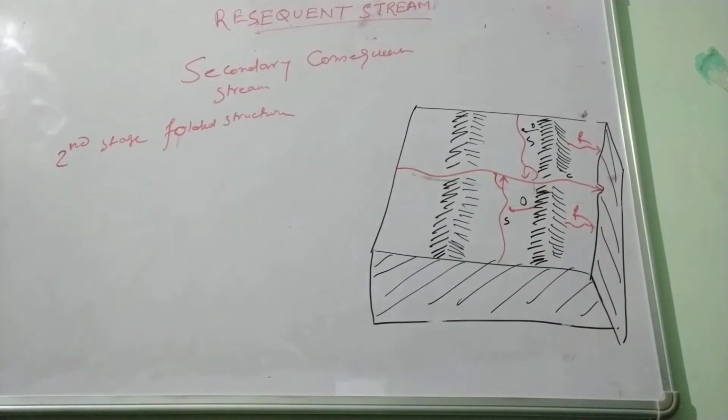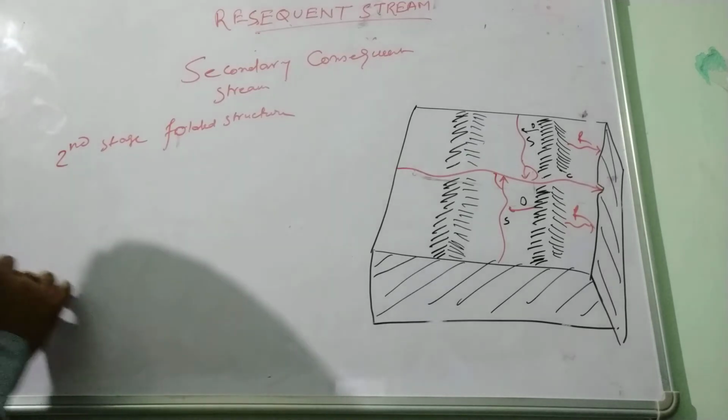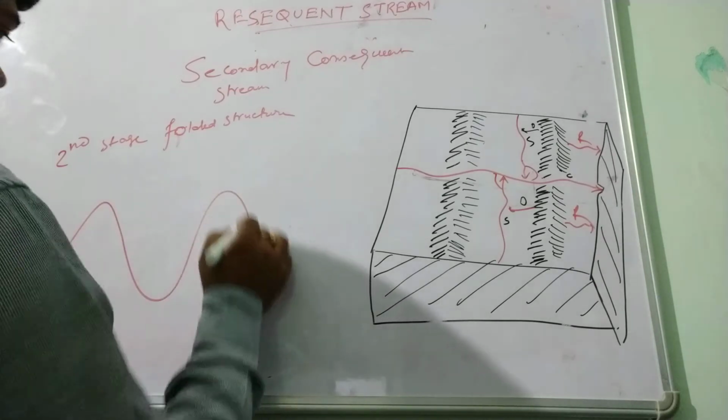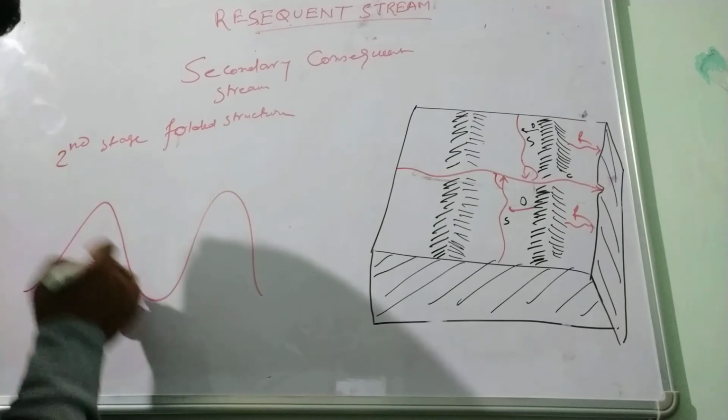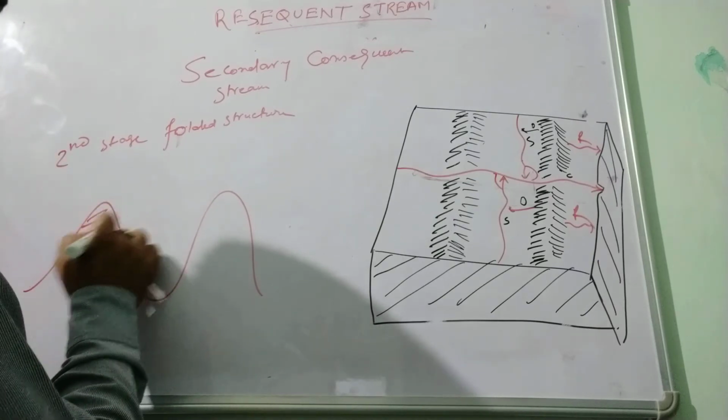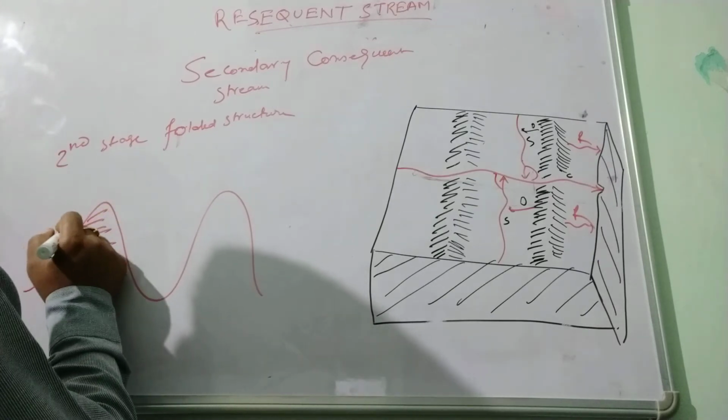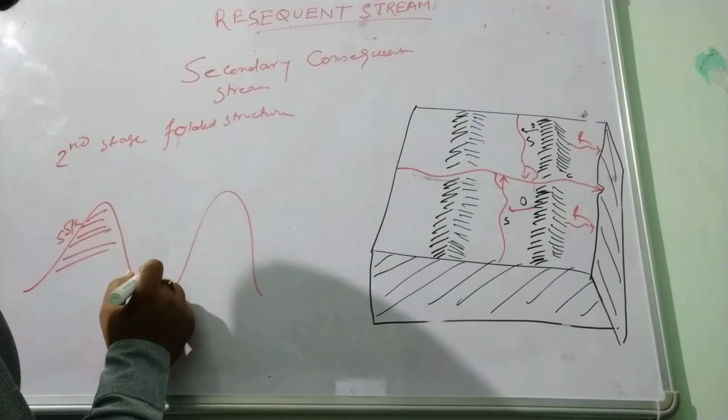When there is a surface with anticlines, there is soft rock and here is the hard rock.